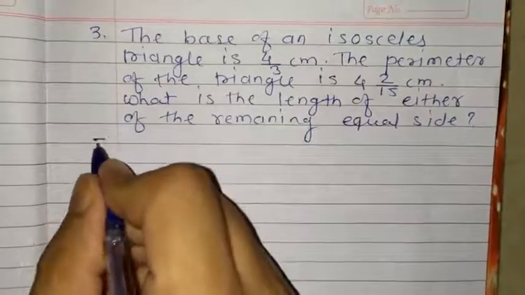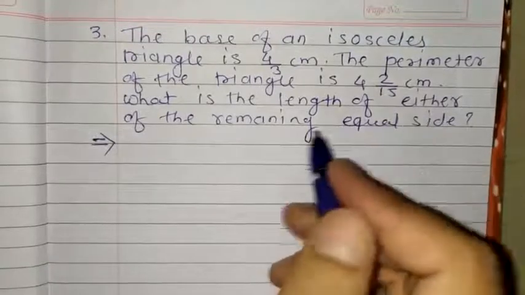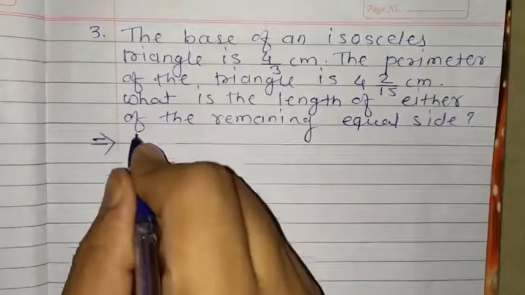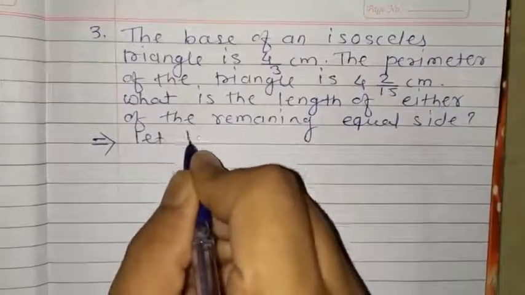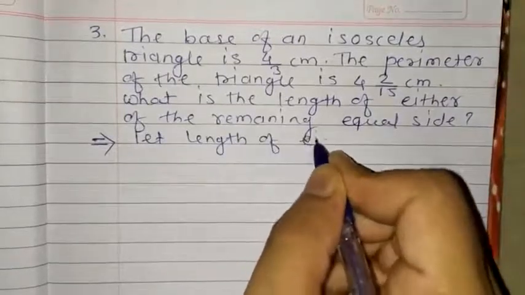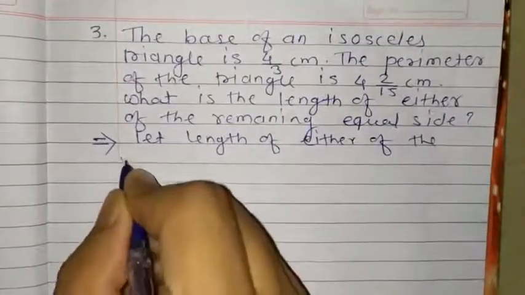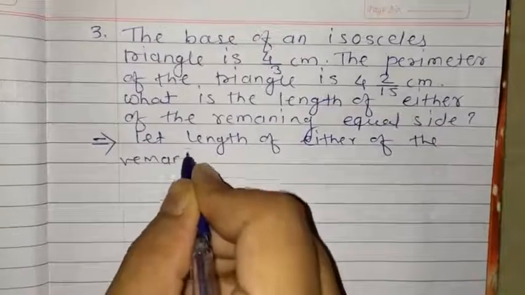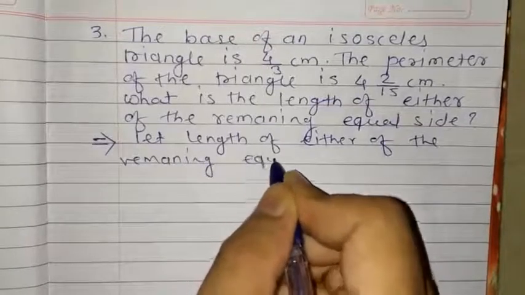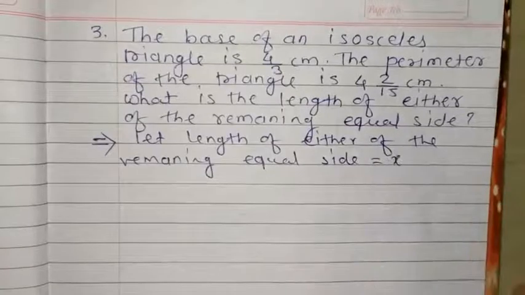So according to the question, we have to assume the length of either of the remaining equal sides. Let the length of either of the remaining equal sides equal x, that we assume x.